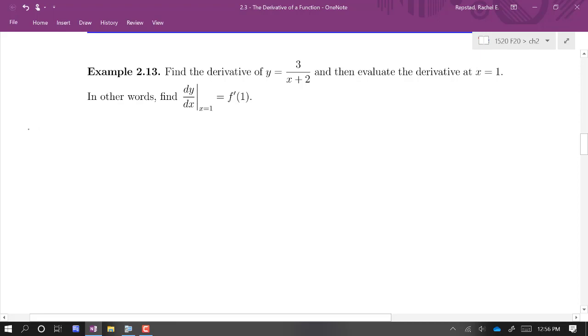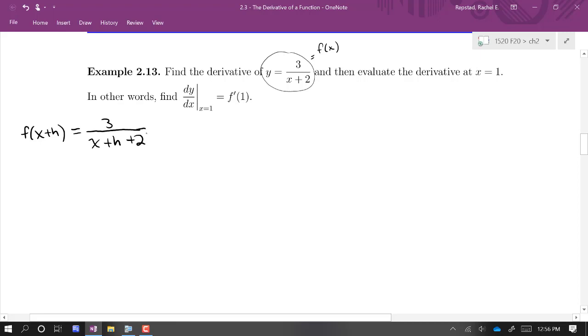So f of x plus h. Well, I'm going to replace x with x plus h in the original function. So let's see. This is our f of x function. And if I replace x with x plus h, it looks like this.